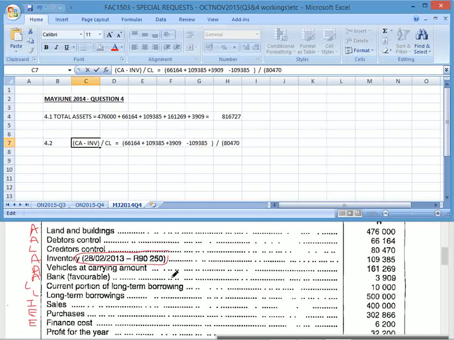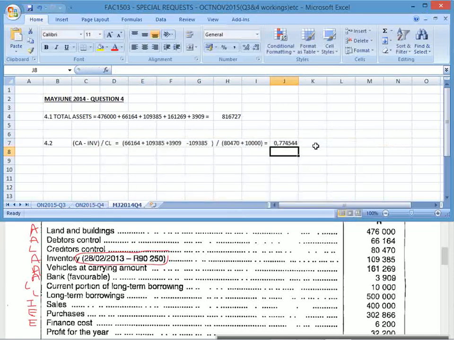Current portion of a long-term loan, that's short-term, so you're going to add that to the current liabilities. 10,000. Long-term loan, long-term liability, and that's all other stuff. Right, and that's it. Close that bracket, equals, plug that into the calculator and get an answer of 0.77. Did we get that right?